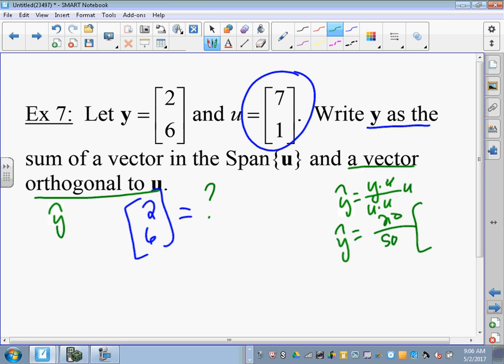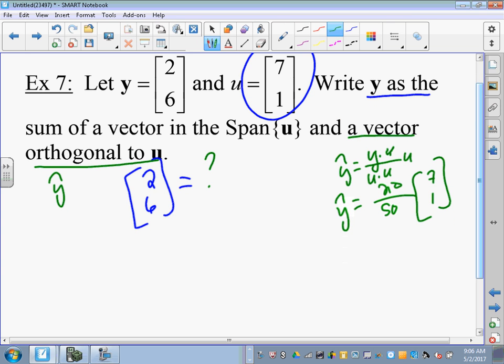And then u is 7, 1. So y hat is going to be what? Two-fifths of 7, 1.